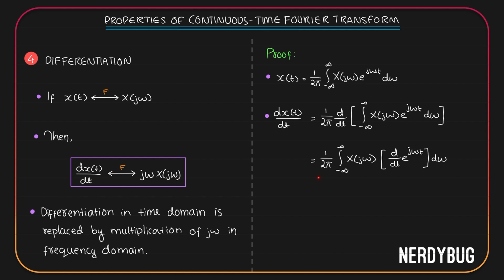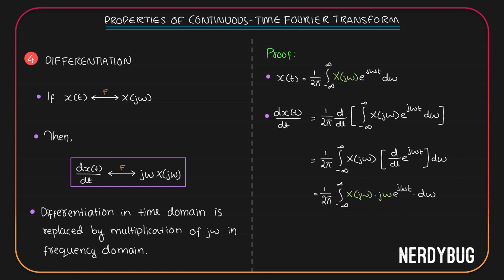So, we get 1 by 2 pi integral from minus infinity to infinity x of j omega d by dt of e raised to j omega t d omega. So, this becomes 1 by 2 pi integral from minus infinity to infinity x of j omega times j omega e raised to j omega t d omega, since d by dt of e raised to j omega t is j omega e raised to j omega t.